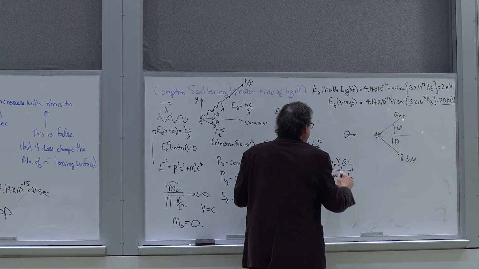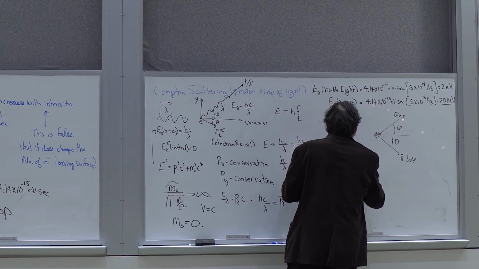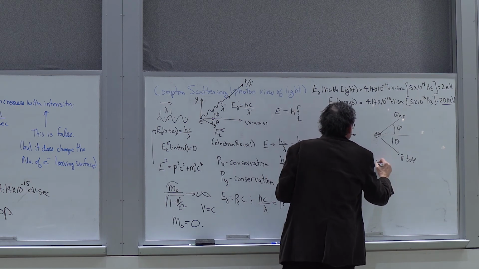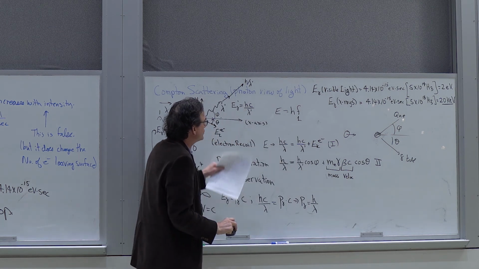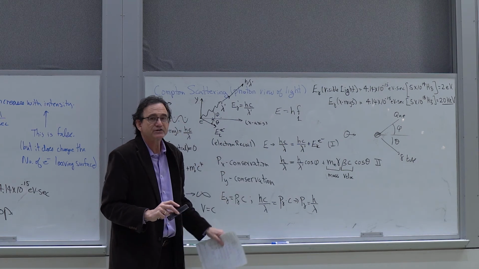And then I need to take the projection onto the x-axis, and that becomes times cosine of theta. So I have equation 1, and equation 2 is the x component. So these are two equations. This is conservation of energy. This is conservation of x component momentum.